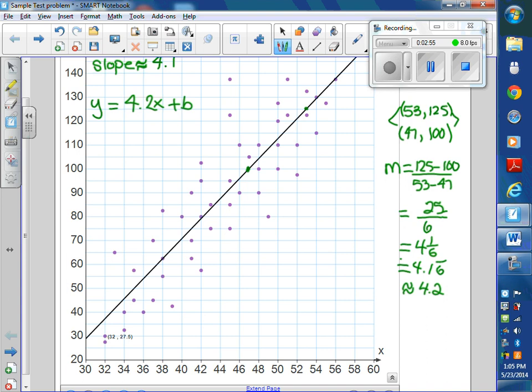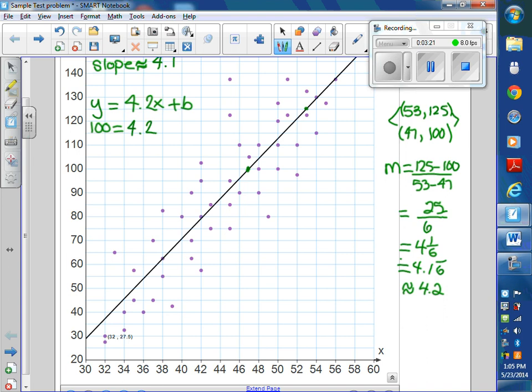So pick a point. 100. So is that the y value or the x value? So you're going to place that in place of y. So on this side, what are you going to do? Well, if you use the 100, you've got to use the x part.